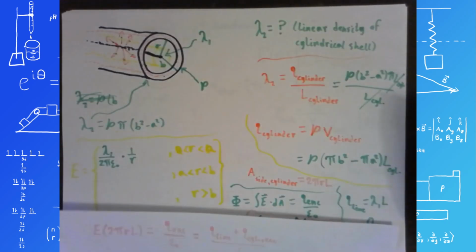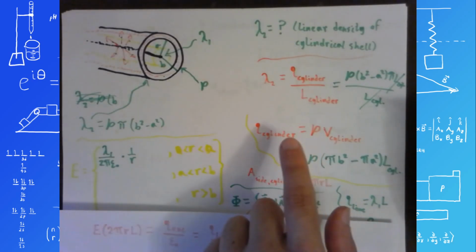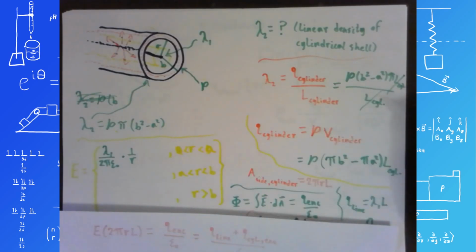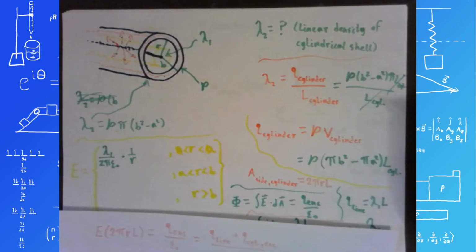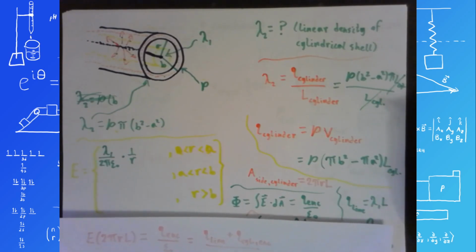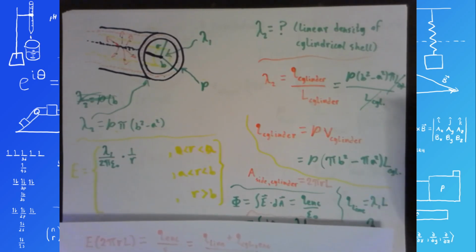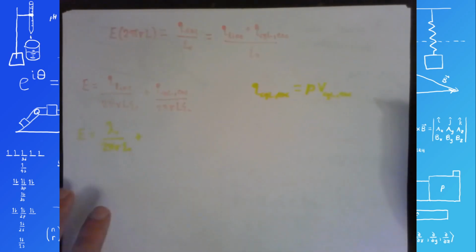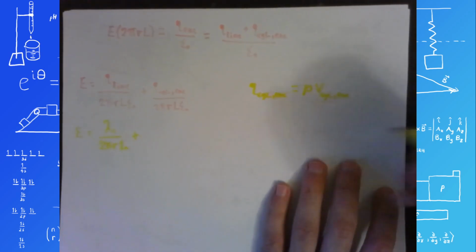Not too different from the calculation that we did over here. We're still doing a larger cylinder minus a smaller one, except in this case the larger cylinder has a radius of r instead of b, where r is some variable between a and b.